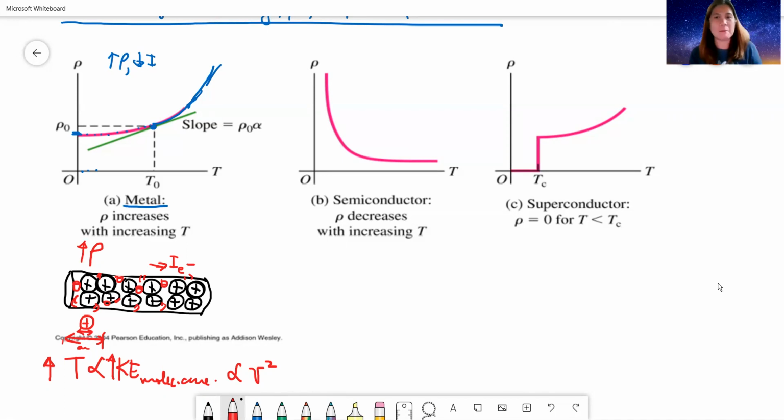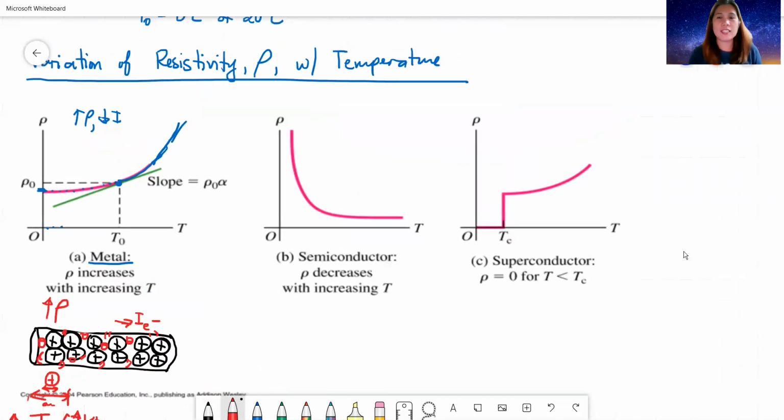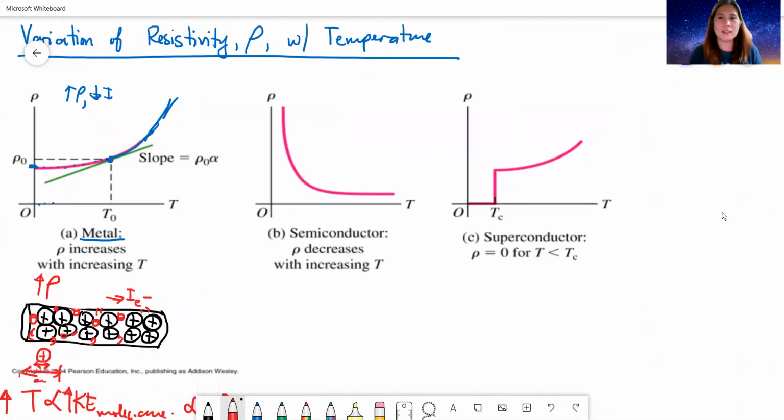So a metal, as time goes by, when it's been in the circuit for a long time, everything heats up, then it becomes less efficient as a conductor as its temperature increases. That's why you need to cool things down. It's not advisable for metals to be exposed to high temperature because their efficiency as a conductor becomes low.